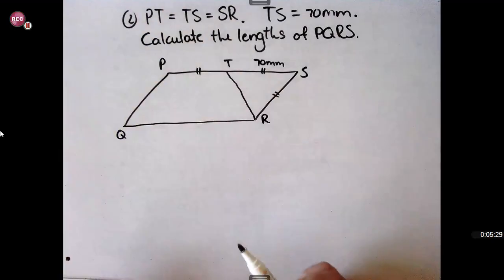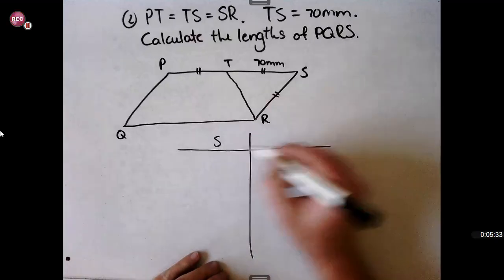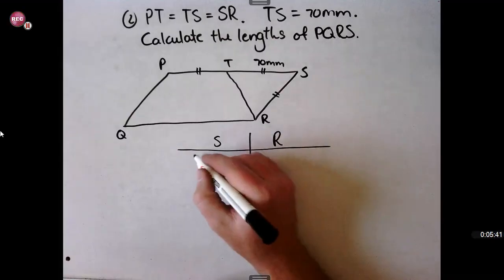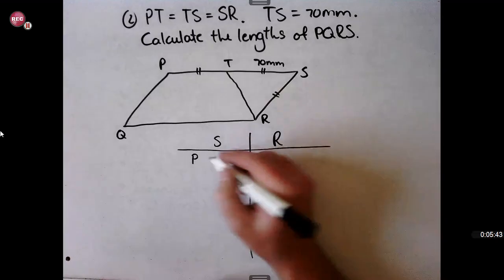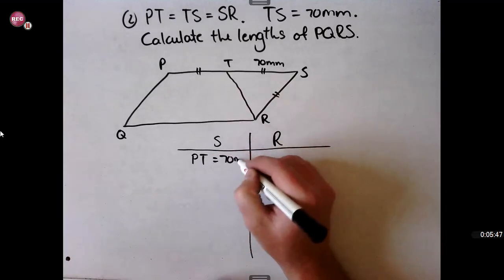Okay, so statement and reason. First statement that you can make is that PT is equal to 70 millimeters.